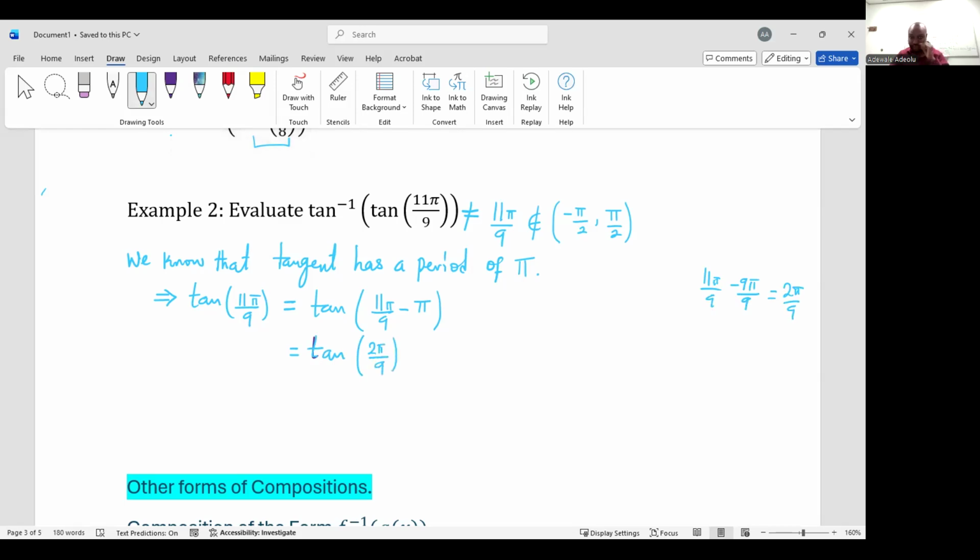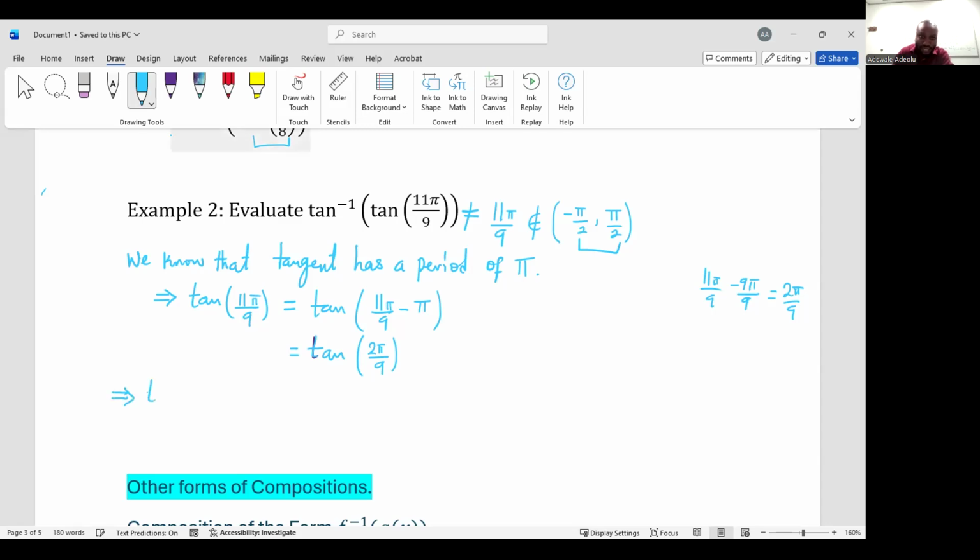Let us think about this. Pi over 9 is about, so pi is 180 degrees divided by 9, that is 20, times 2 is 40. 40 belongs to this place. We can find 40 here. So we are good.